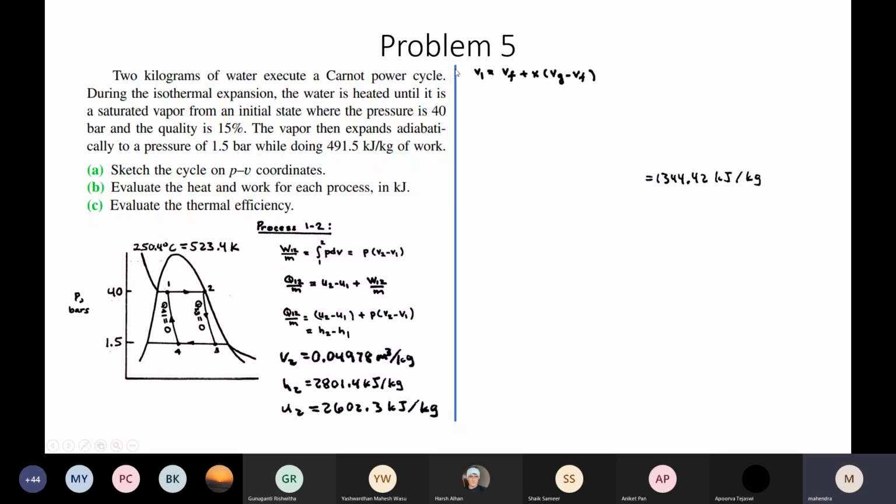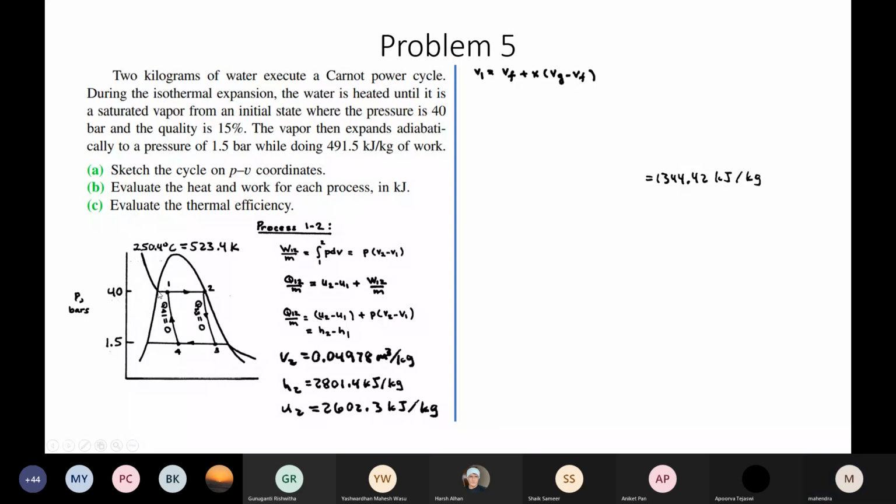Now V1. Actually V1 is with a certain dryness fraction, 15%. So if you want to calculate V1, you need to look in the table at VF, and anyhow VG is this only. VF means the specific volume of saturated liquid at 40 bar pressure.